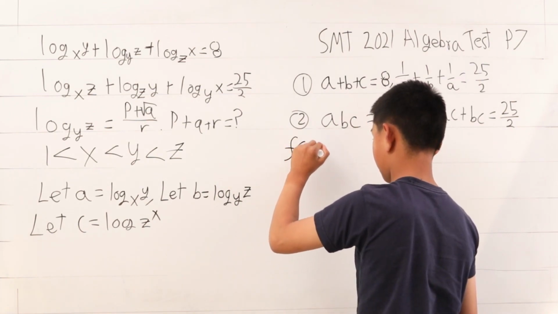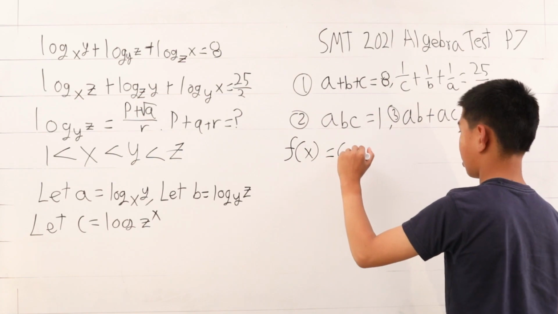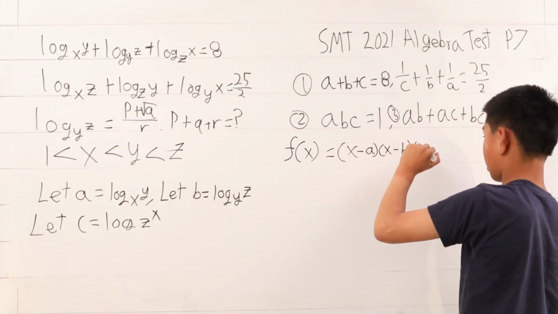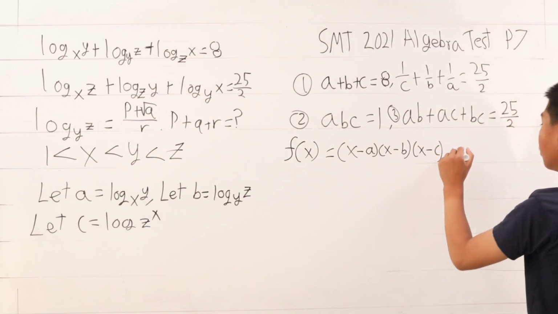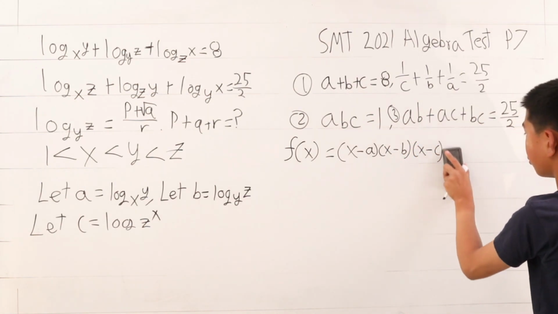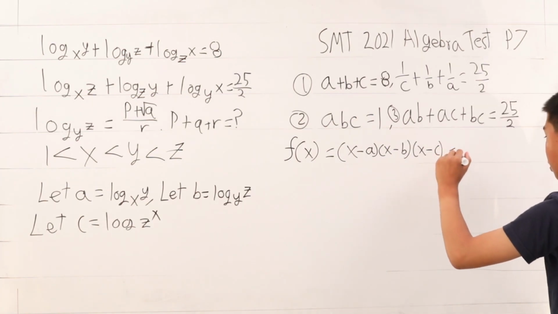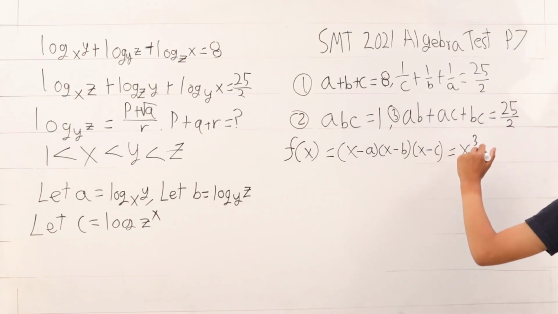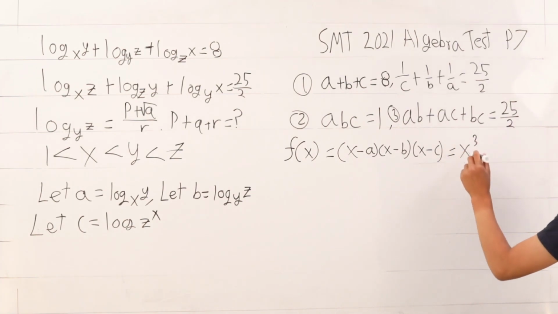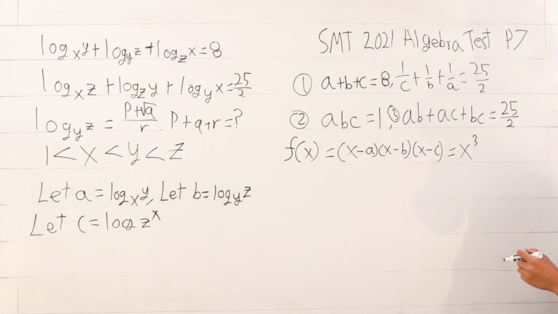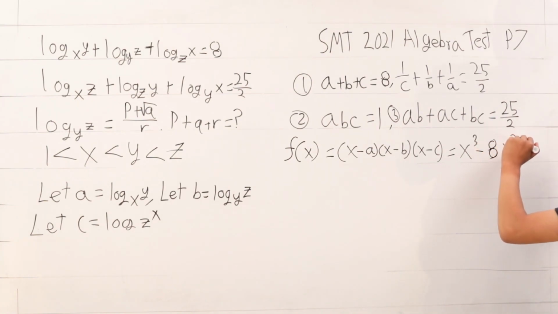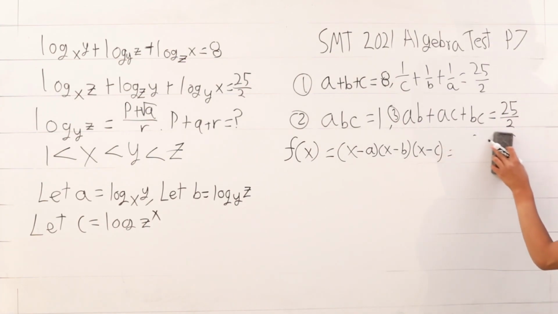Let's say f of x is equal to (x minus a)(x minus b)(x minus c). Now we just use Vieta's formulas to solve. This is x cubed, we assume the leading coefficient is 1 because it would be simplest in this form. Now, according to these formulas, this second term would be minus 8x squared.